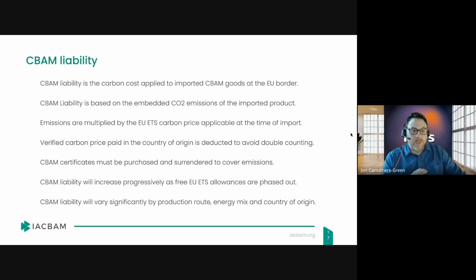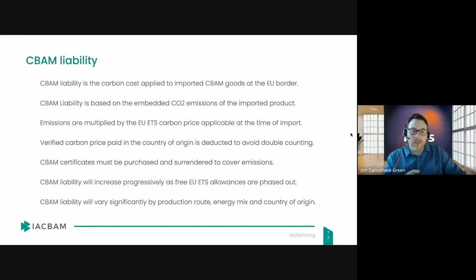What's also going to happen with this CBAM liability is the default values, if you're using those, are going to increase each year, and the free allowance is going to decrease each year as ETS allowances are phased out for European steelmakers. The way it gets put into practice, though, we're going to see CBAM costs vary significantly by production route, energy mix, and country of origin.